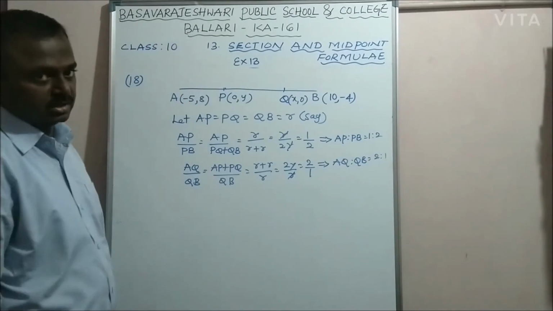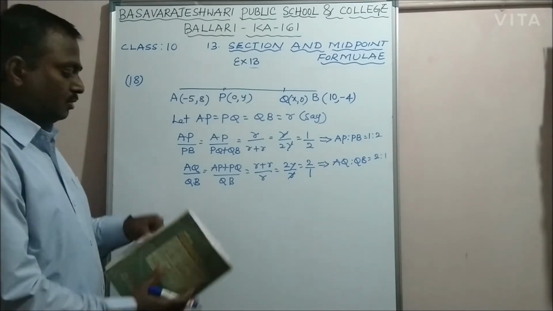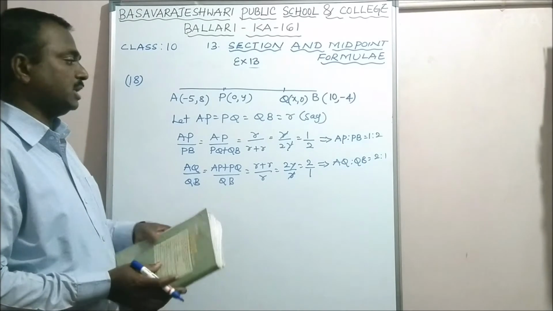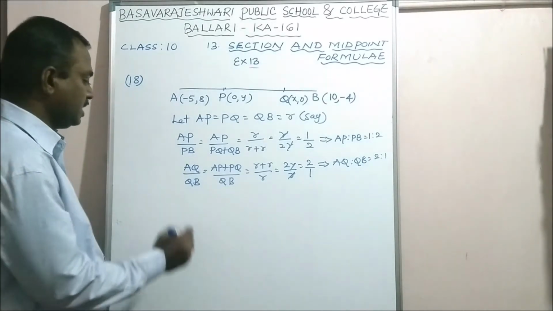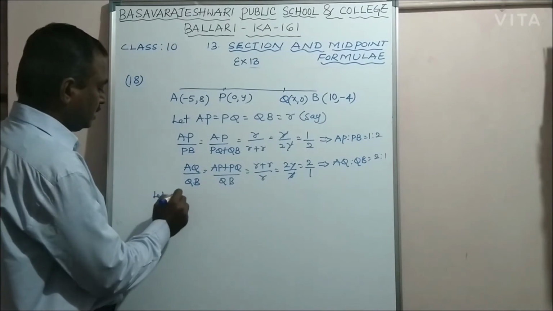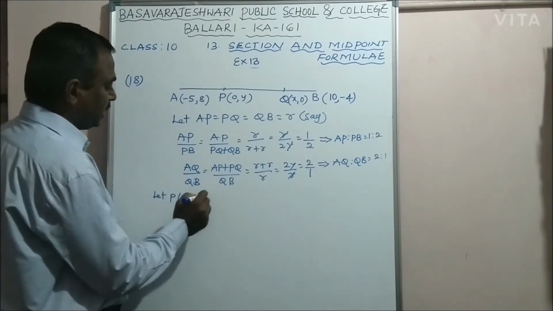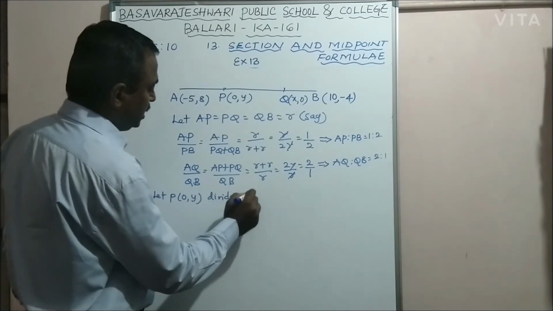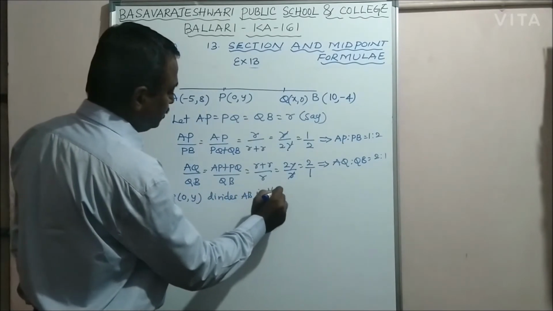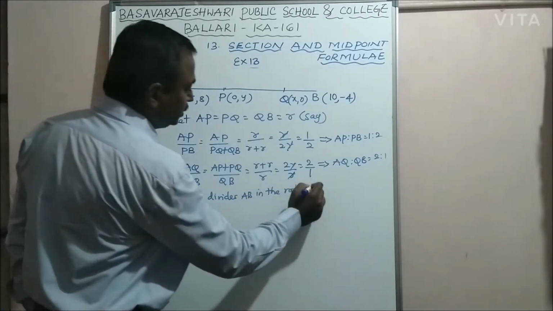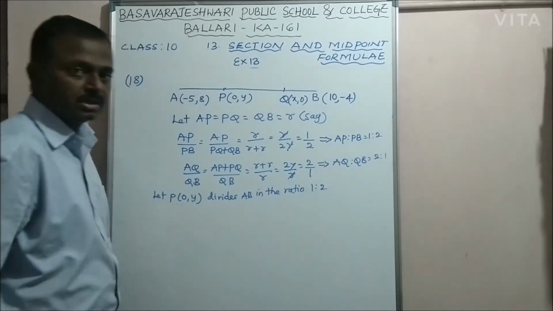So the ratio we got. Now we have to find out the points of trisection of AB. Let P 0 comma y divide AB in the ratio 1 is to 2. Correct?